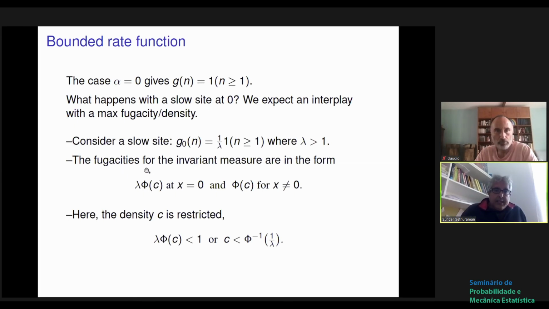So the fugacity for the invariant measures at the slow site will be in this form, and at the non-slow sites it will be like this. And so at the slow site, this fugacity lambda phi of C has to be, in this case, less than 1, the max of G. So the invariant densities which are allowed are less than this value, and this is like the max density allowed.